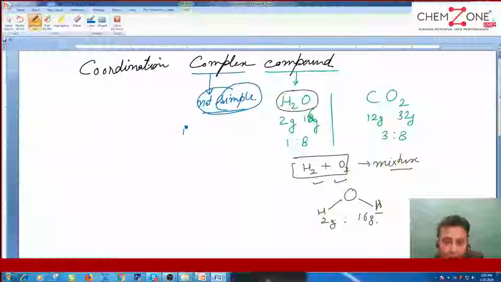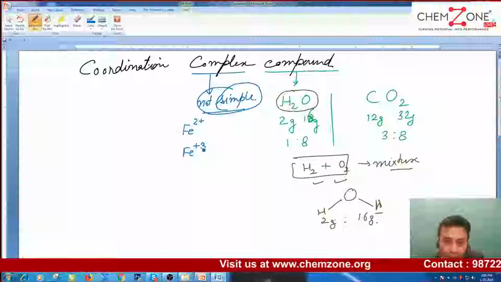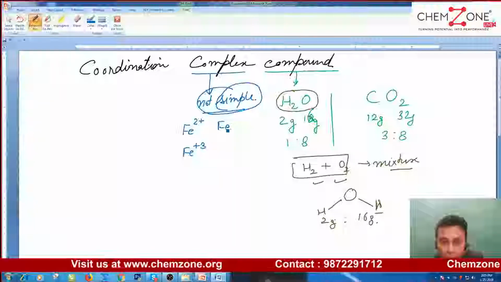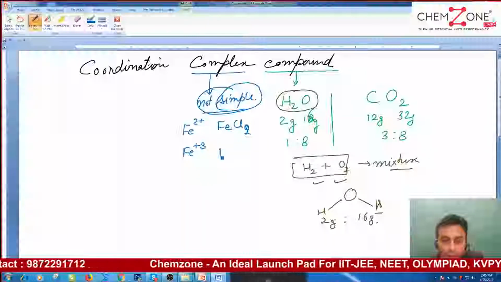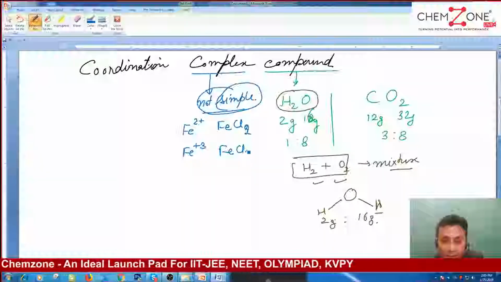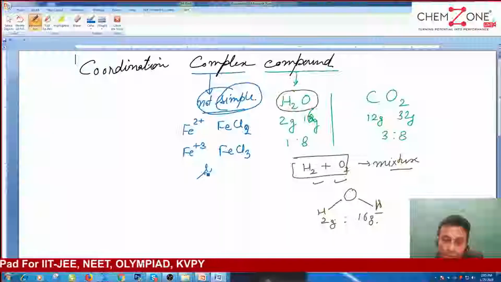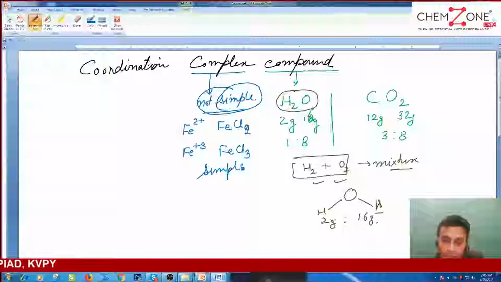If I say iron exists as Fe2+ or Fe3+, and it makes bonds equal to its charge, equal to its oxidation number, then we call this compound a simple compound. Sodium has a valency of 1 and it is making one bond, so I say it is a simple compound.